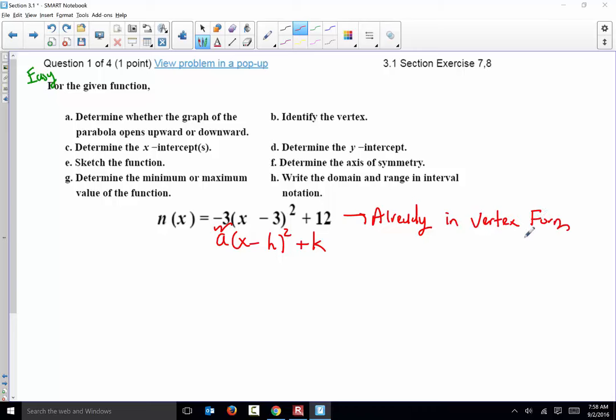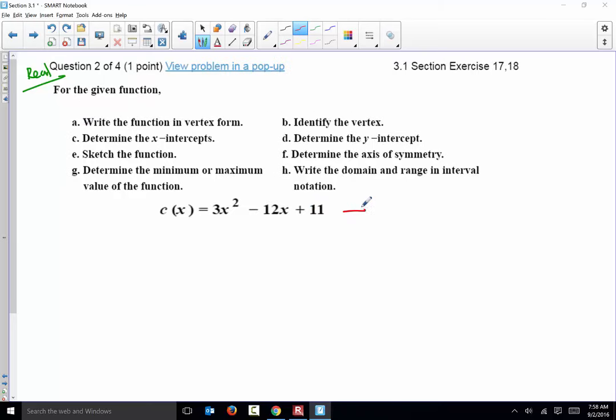So this question is gonna take half the time than this one, because this one is uncooked food. This is in standard form. How do I know it's standard? Because X's are separate, 2 locations. They are not packed under the same square. Got it? So we need to first cook this meal, then eat it, and answer 8 parts.